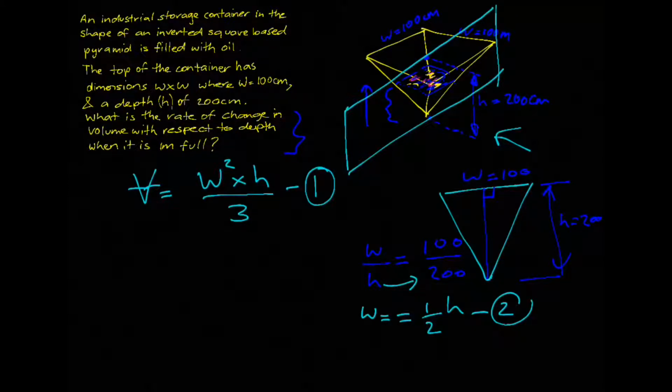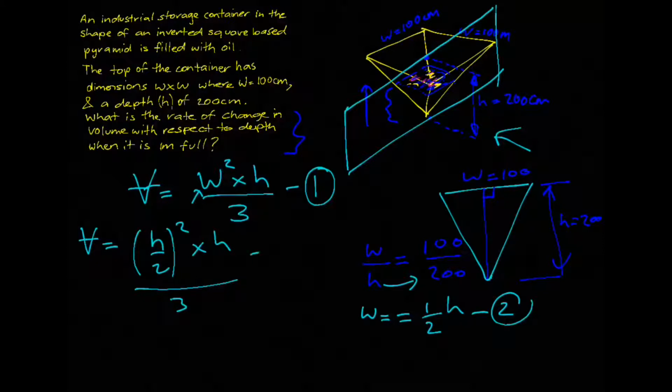So we want to eliminate the W from this equation. So subbing 2 in 1, we have V equals H on 2 squared times H all on 3, which is equal to H cubed on 12.